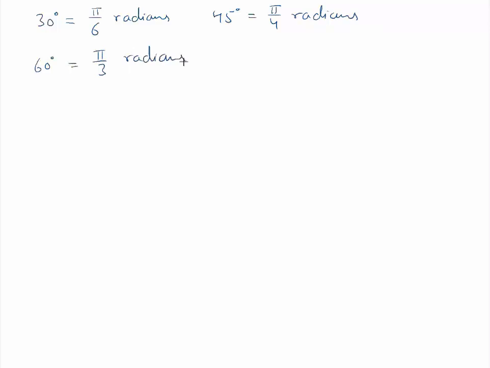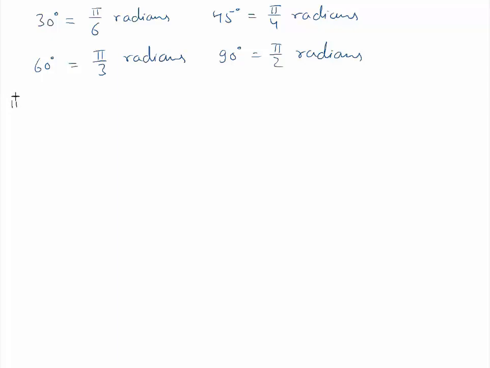So few standard angles that we should remember is 30 degree equals pi by 6 radians, 45 degree equals pi by 4 radians, 60 degree equals pi by 3 radians, and 90 degree equals pi by 2 radians. These are few standard angles in radians that we must remember.